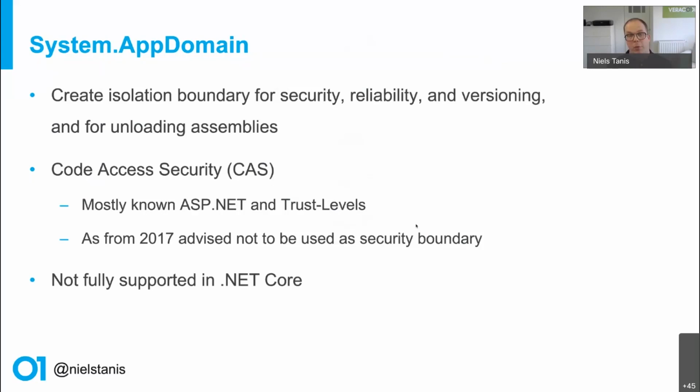But if you had trust level medium, then that was not allowed, because that was locked down. As of 2017, Microsoft stated, don't use this as a security boundary, because it isn't. And it turns out that there is a mutex, a memory, even a user memory that you can just flip, and that will allow you to turn it off, and you can completely circumvent it.